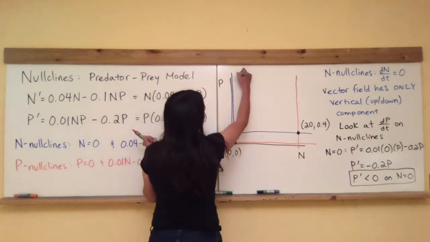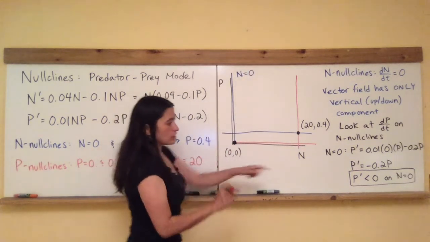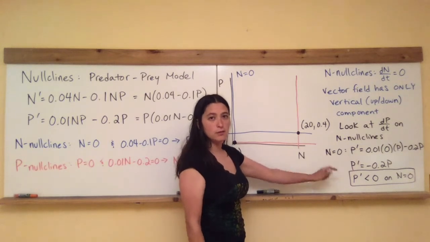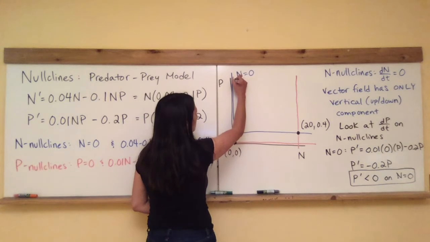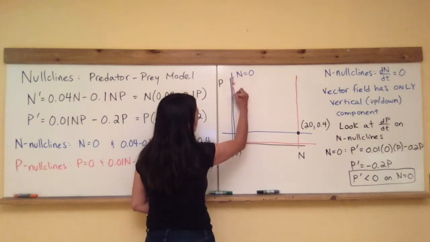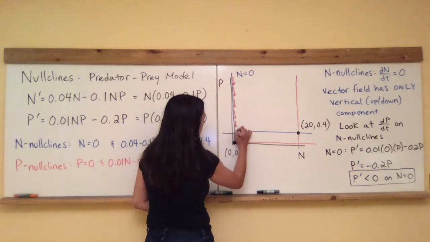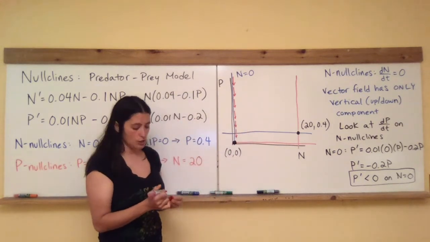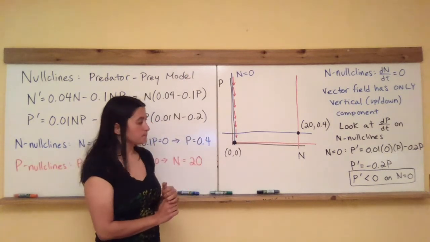So I'm zoomed in right now on the n equals 0 line. And my conclusion is that it only has a vertical component, and that vertical component is always negative. And so what's happening on the n nullcline is I have downward behavior, always having that downward behavior along the entire n equals 0 nullcline. So I've got all those red lines pointing down because that's the vector field pointing down.